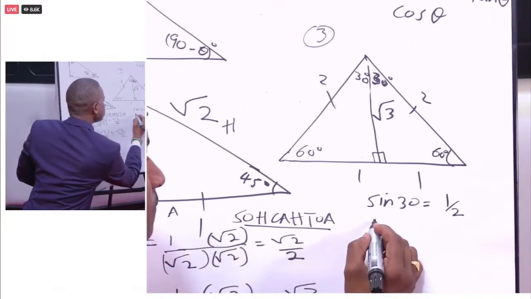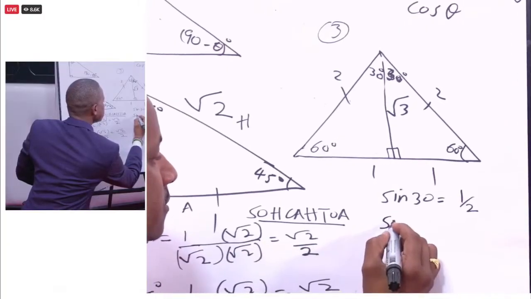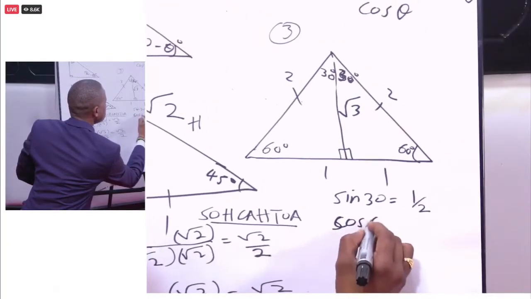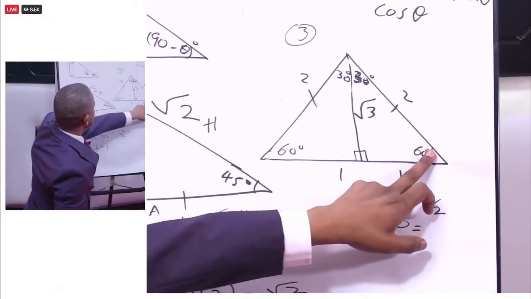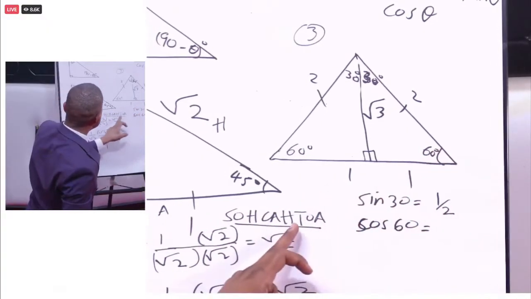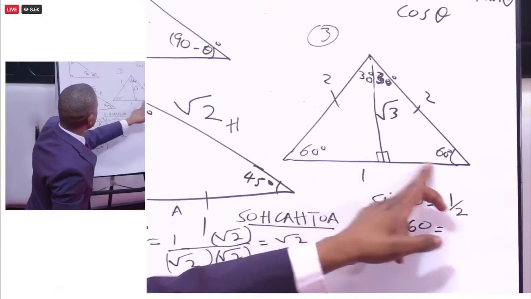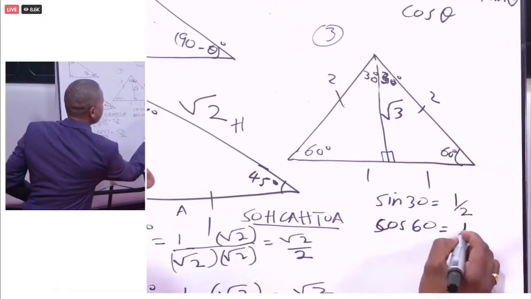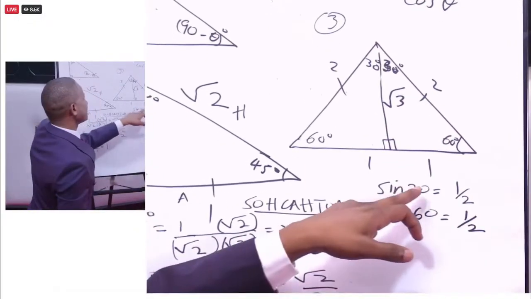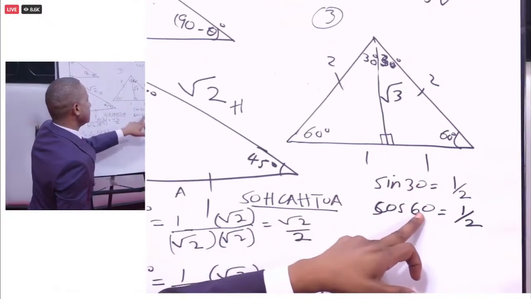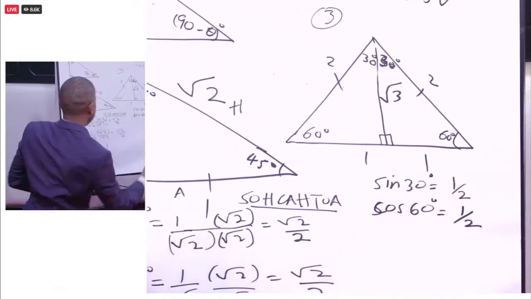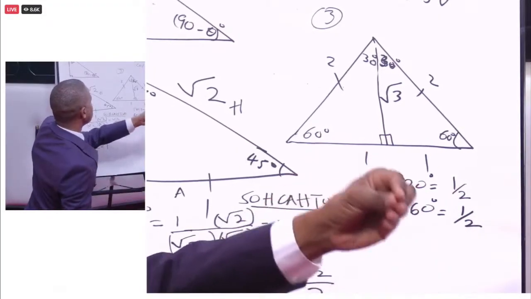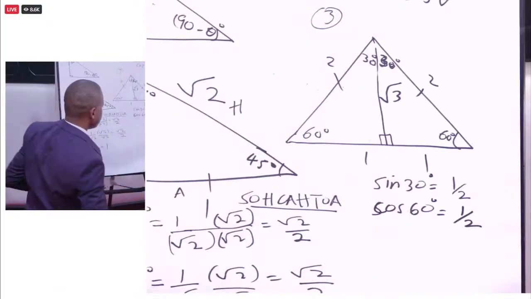Then we go to cos 60. Cos 60 equals adjacent, which is 1, over hypotenuse, which is still half. So you realize that sine 30 equals cos 60. Therefore, 30 degrees plus 60 degrees equals 90. We will come back and solve this.